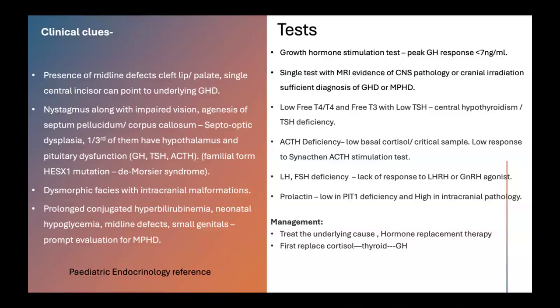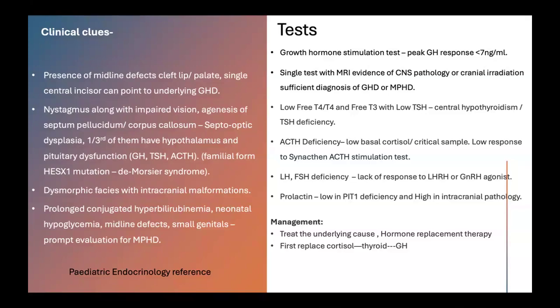Low basal cortisol level may not be able to tell us about central cortisol deficiency, and a synacthen or ACTH stimulation test becomes essential to elicit the underlying deficiency. Similarly, the lack of LH and FSH may become evident at a later age, that is the pubertal age group, and then a GnRH agonist testing can unmask the deficiencies.